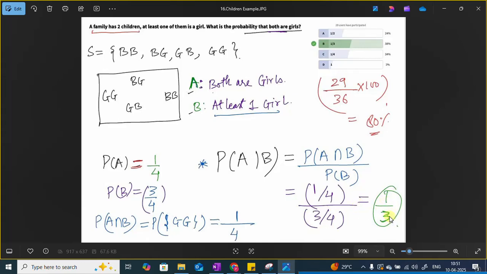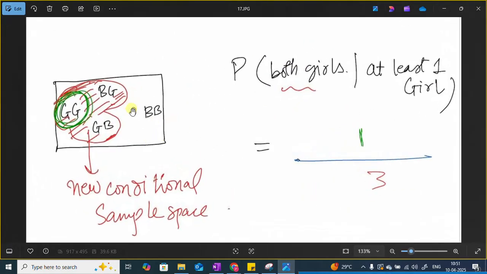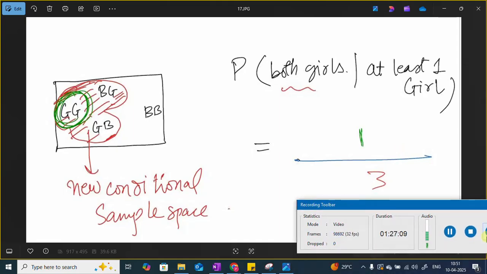But if I know the concept and understand how it works, I simply get it because out of these four, three cases have at least one girl present. Out of these three, how many cases will both girls come? Only one case. So 1 by 3. That's all. That is the answer. Simply one line, I am completing my answer. Clear, guys? Any doubt so far?